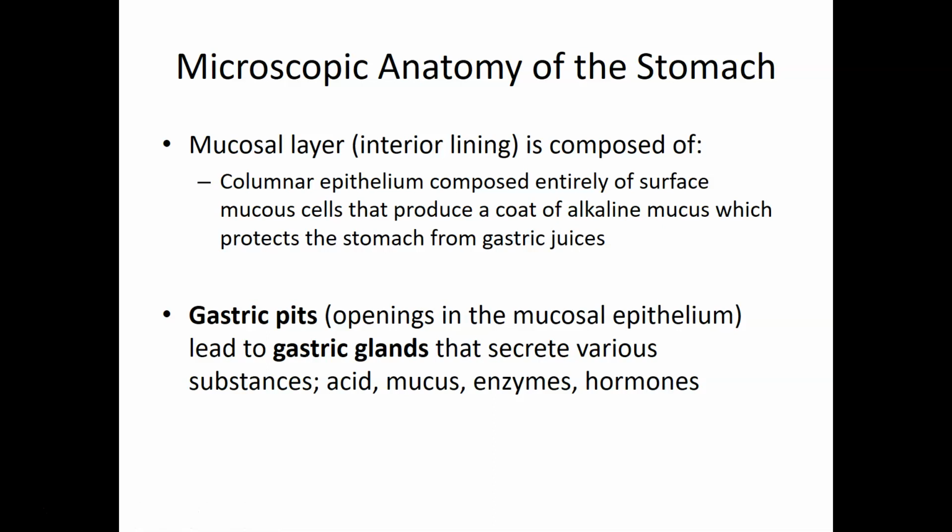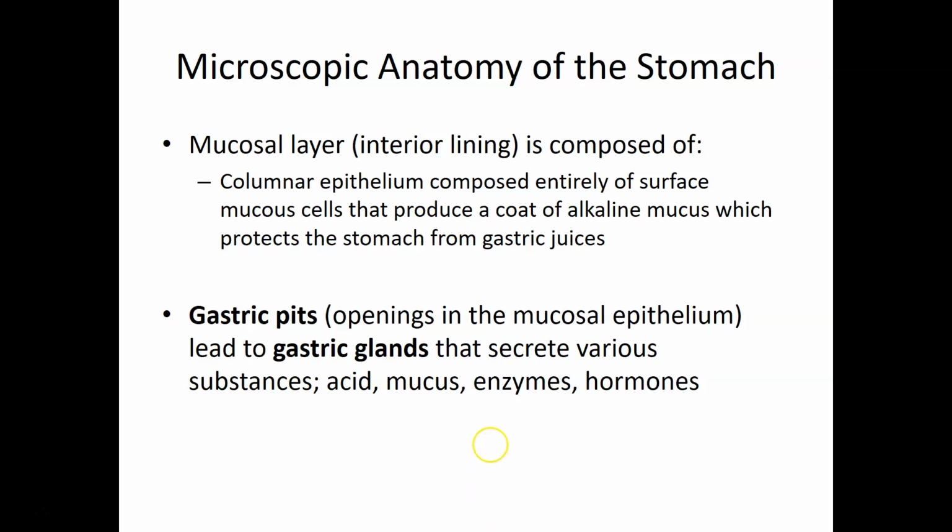Now, this is not a smooth layer of epithelium. There are places where there are pits that open into structures that penetrate deeper into the wall. So these are called the gastric pits. And these gastric pits lead to deeper mucosal epithelium penetrating into the layer below it.